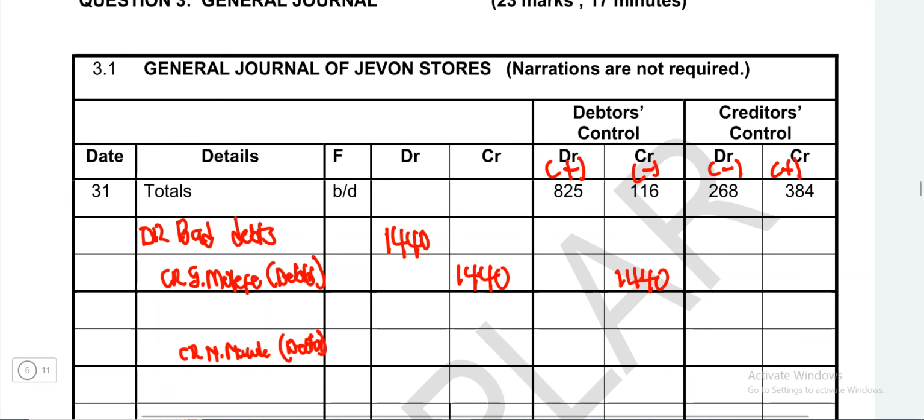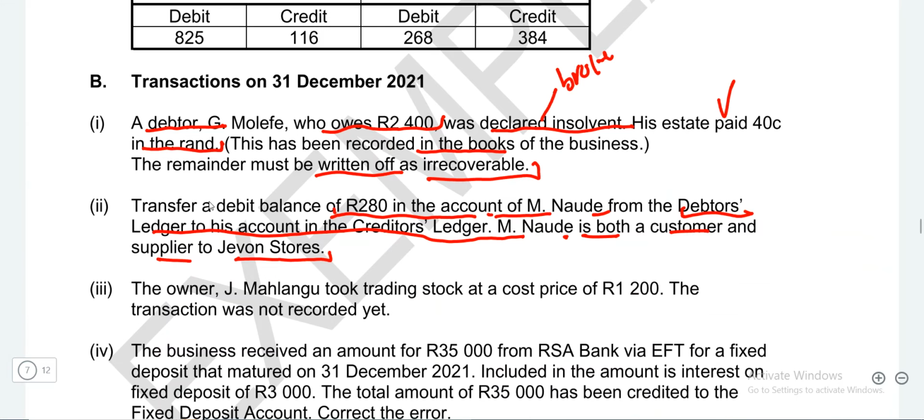Remember this person is a debtor. Okay, now because this person is a debtor, also remember here folio means source of reference. So our source of reference for everything here will be general. So I'm not going to write that. Okay, so now remember we have credited the account of N Naude, who is a debtor. So the question is, what must we debit? Remember, if you look at this question, we are taking his debit balance and we are moving it from the debtors ledger to his account in the creditors ledger.